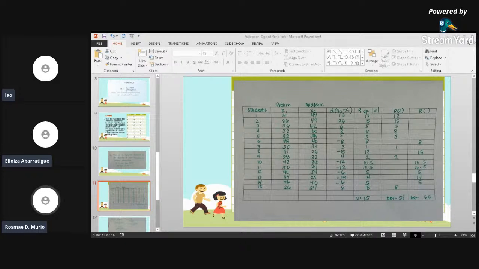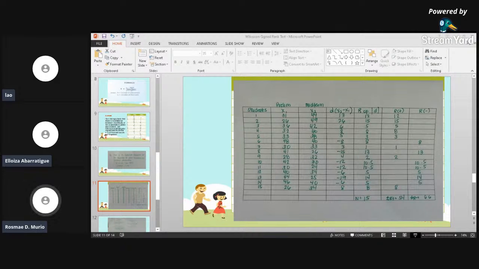Okay po, this is our table po from the 15 students and the prelim examination and the midterm examination. So, this is the table. So, the first column is the student, which is ito po yung aming mga na-select na mga student na kung saan kinuha namin yung prelim, like sinabi ni Ma'am Lau earlier.